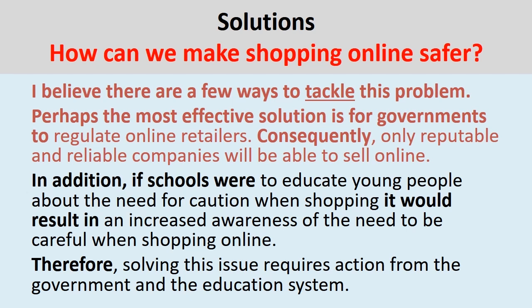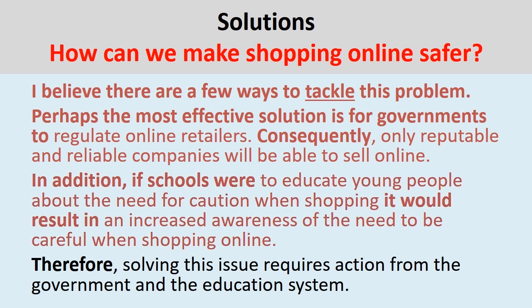In addition, if schools were to educate young people about the need for caution when shopping, it would result in an increased awareness of the need to be careful when shopping online. Therefore, solving this issue requires action from the government and the education system. Note how there's a summary or concluding statement for this answer.